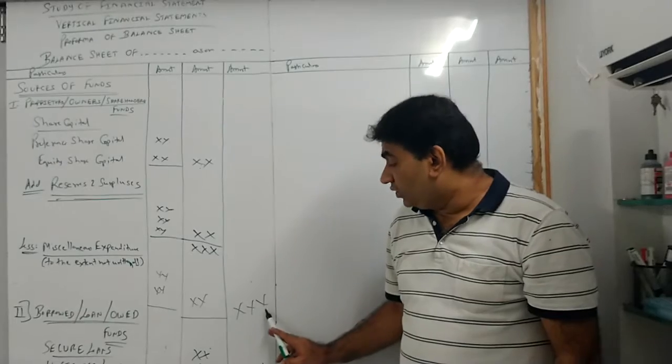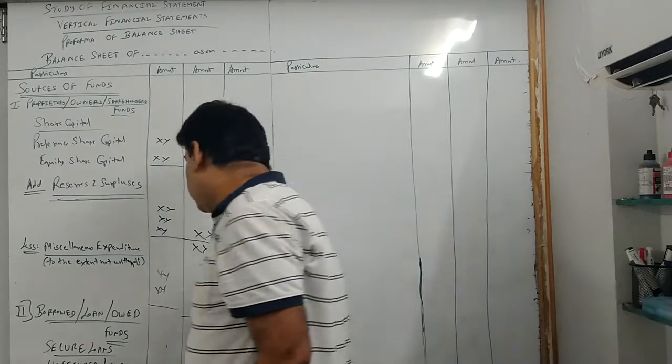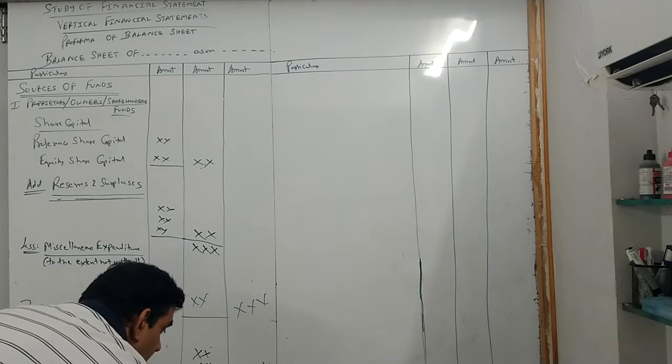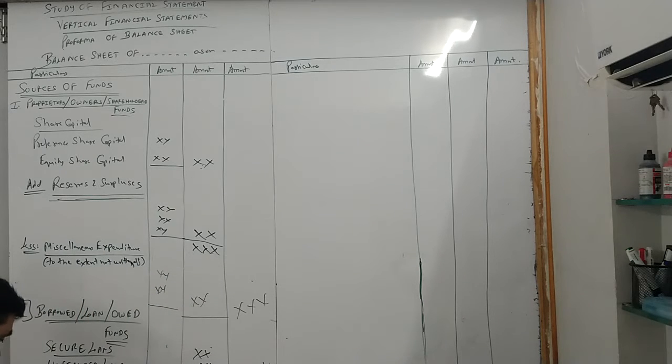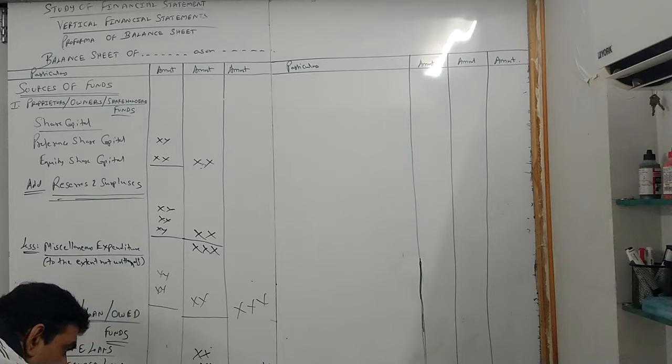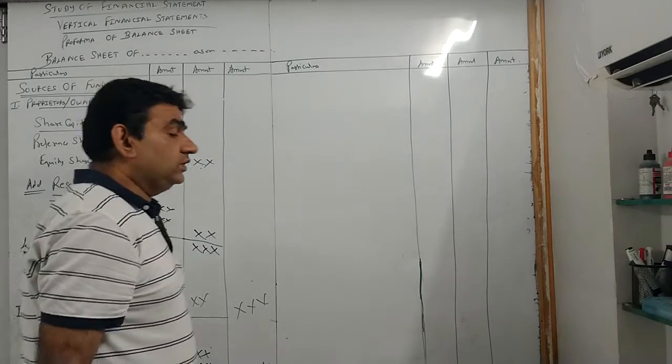So this is my owner's funds, this is my borrowed funds, and the total of the two will be my balance sheet total, which we call capital employed, or it is also called total funds employed, and put in brackets 1 plus 2, and that's your total.